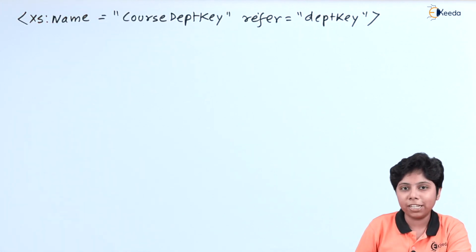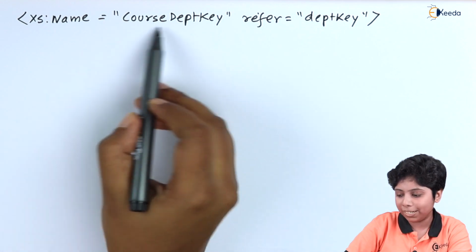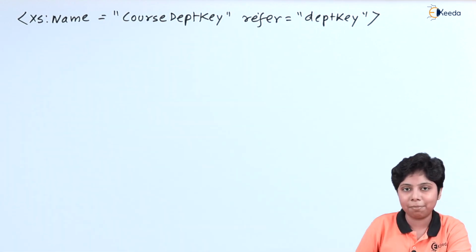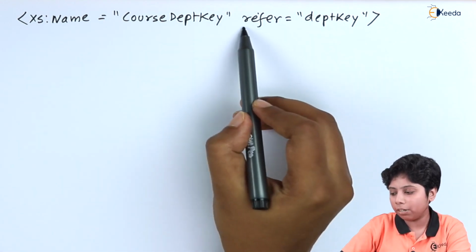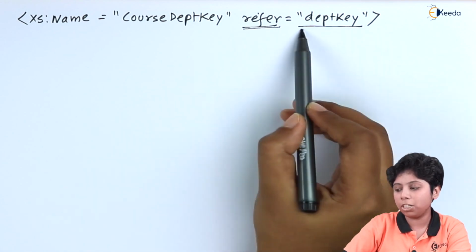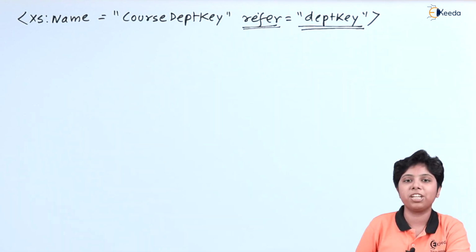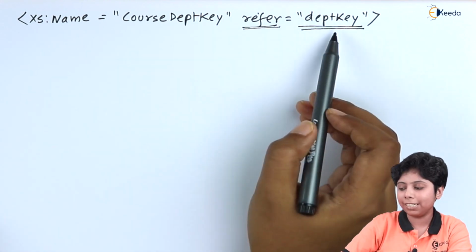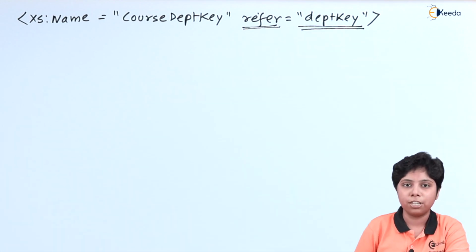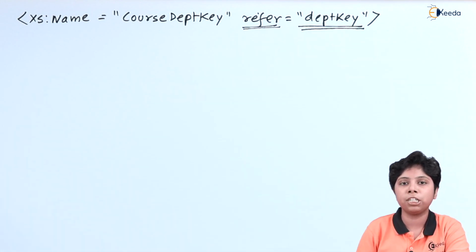In the foreign key constraint, we need to mention the foreign key's name in the name attribute, followed by the refer attribute, where we have to mention the key name of the primary key. We do not mention the field name here, we are mentioning the key name for the reference, which in turn points to the field name on a relation.